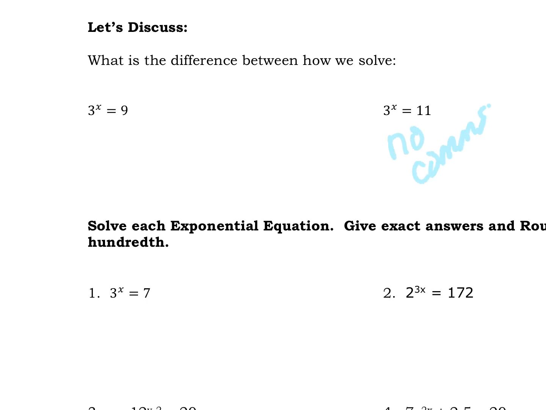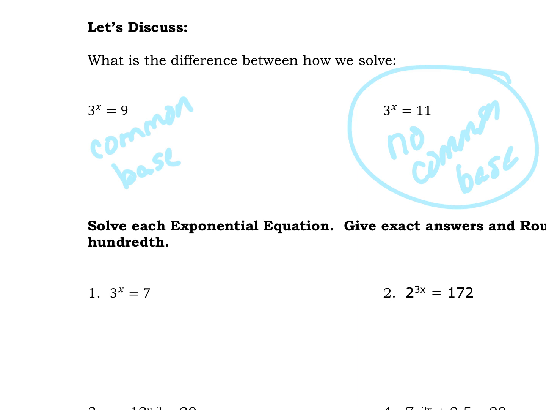No common base, maybe, is a good way of writing it. But here we can rewrite in terms of the common base. So that's what you want to look for. So once again, you're always looking for that special condition of having something in common. If so, we know how to solve those already. We've been doing that. But if not, we've got to come up with a way of solving this, right?